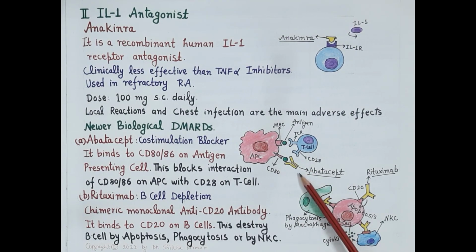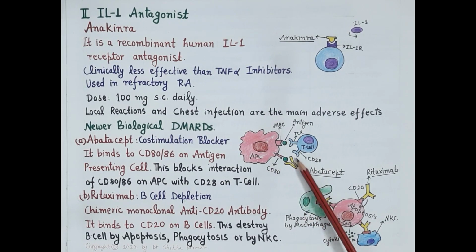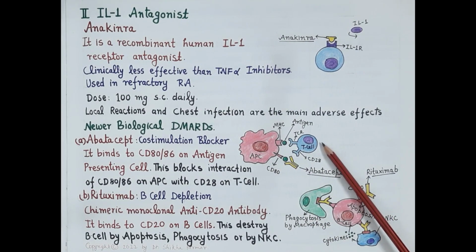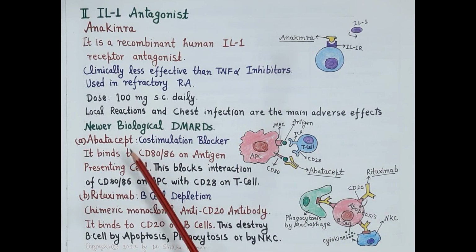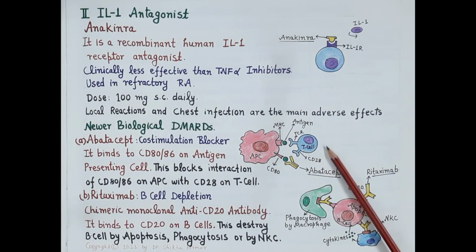So, abatacept stops or blocks the co-stimulation of T cells, and in the absence of co-stimulation, the T cell cannot be activated. So, abatacept blocks the activation of T cells, and if the T cells are not activated, then the process of inflammation in the joints is blocked or it stops.